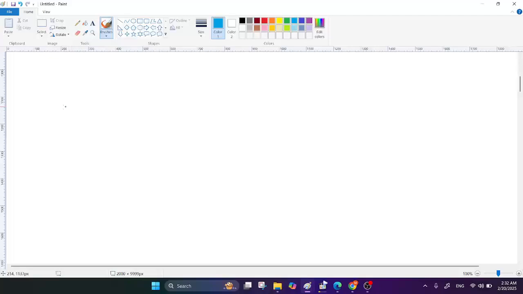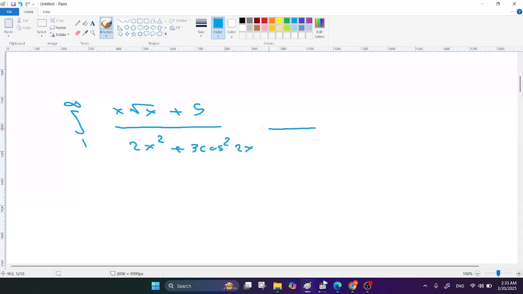Now here you have the integral from 1 to infinity of x square root of x plus 5 over 2x squared plus 3 cosine squared 2x plus 7x plus 9 dx.